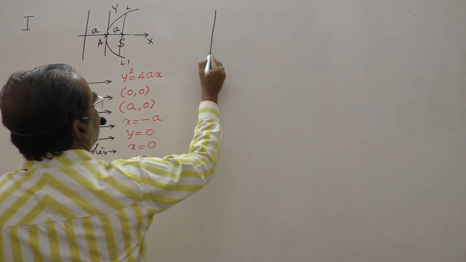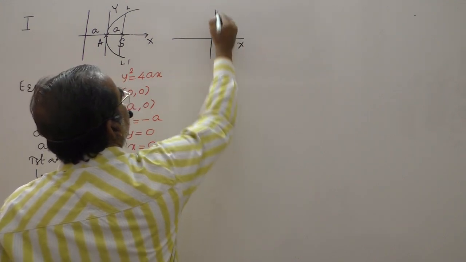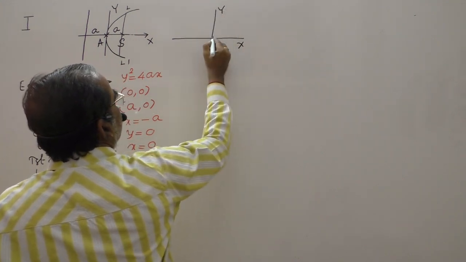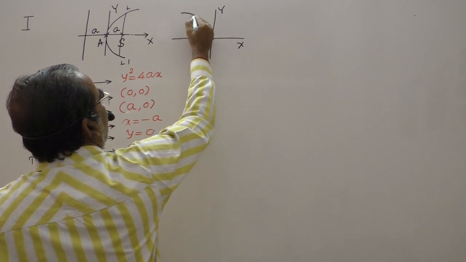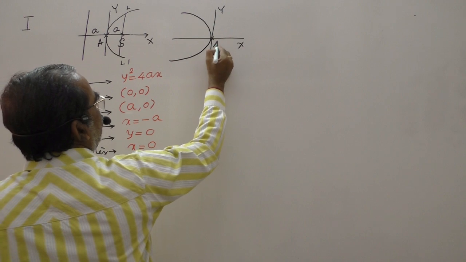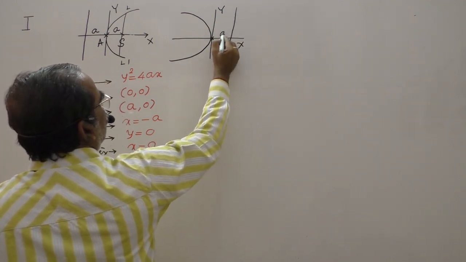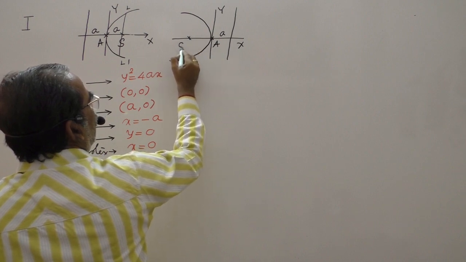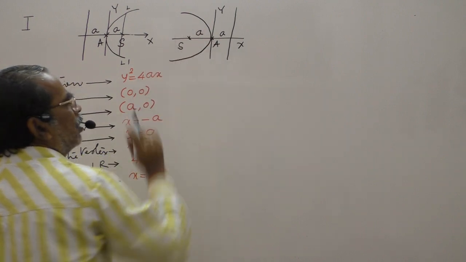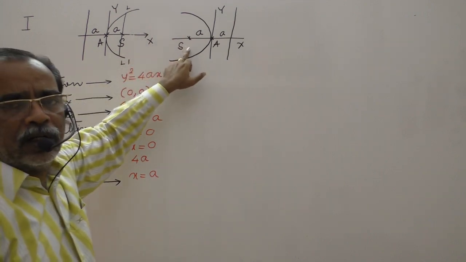Next one, please listen carefully. This is the x-axis, again this is the y-axis, this is capital A. The parabola can be like this. In this case, this is the vertex and this is the directrix. The focus will be here now at a distance of a. So what is the difference between this and this?